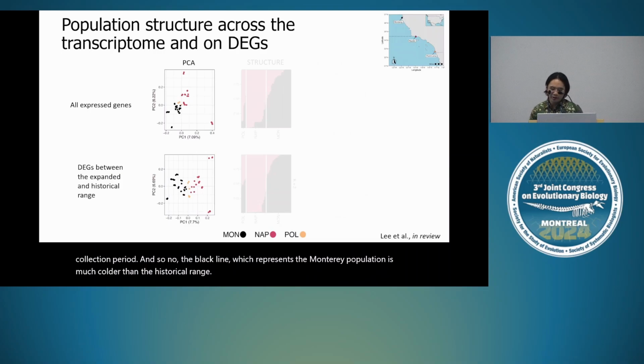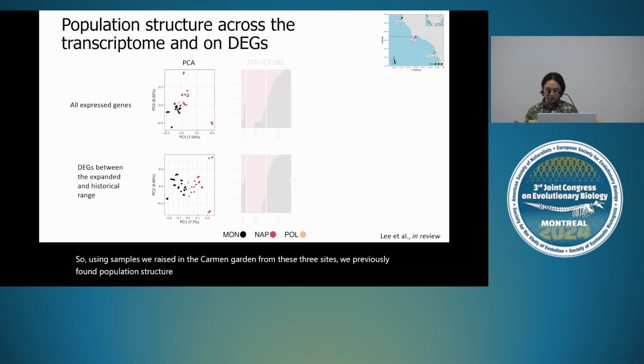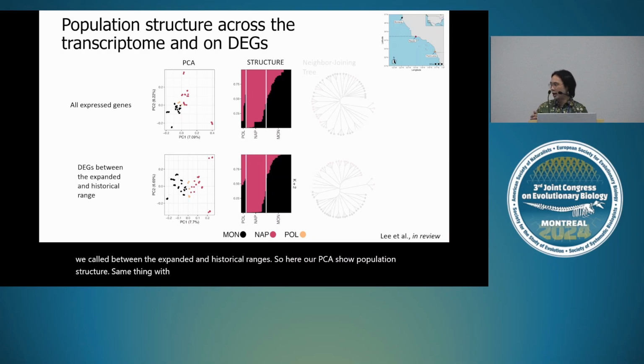Using samples we raised in the common garden from these 3 sites, we previously found population structure across both the transcriptome and in the differentially expressed genes that we called between the expanded and historical ranges. Here, our PCAs show population structure. Same thing with structure plots, where we saw population structure at K equals 2, which had the most support.